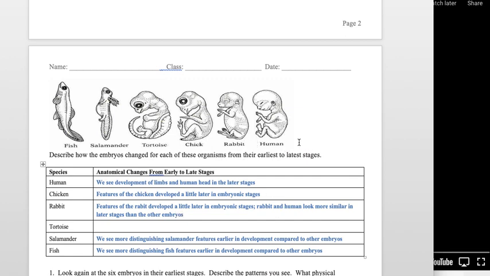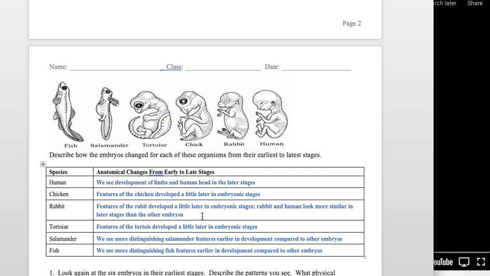You can see between the rabbit and the chicken, they look very similar. I would probably say that the features of the tortoise developed a little later in the embryonic stages. So these are some observations that I'm making about the anatomical changes from early to late stages.